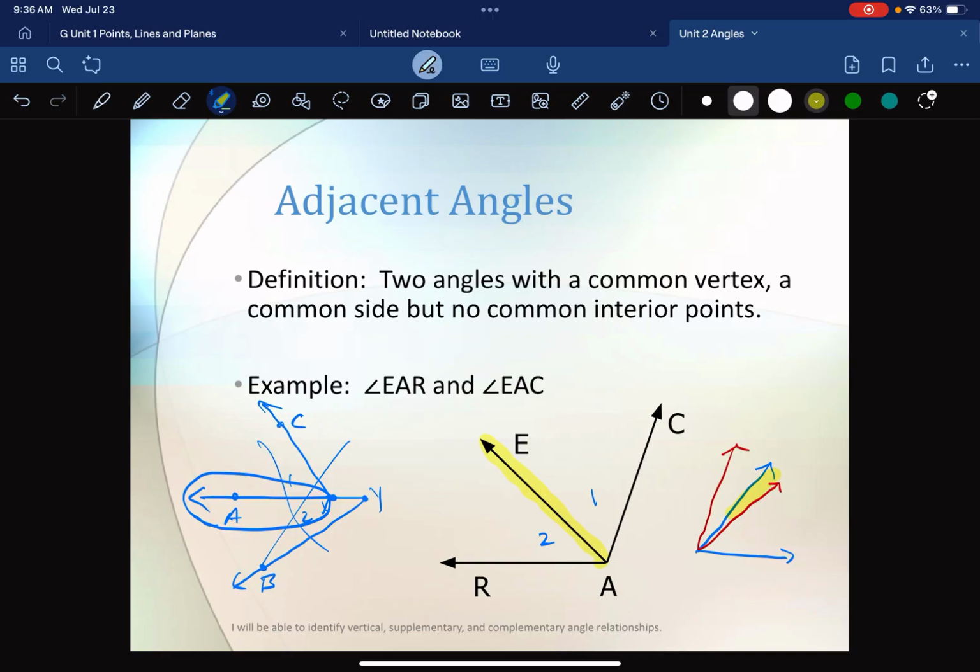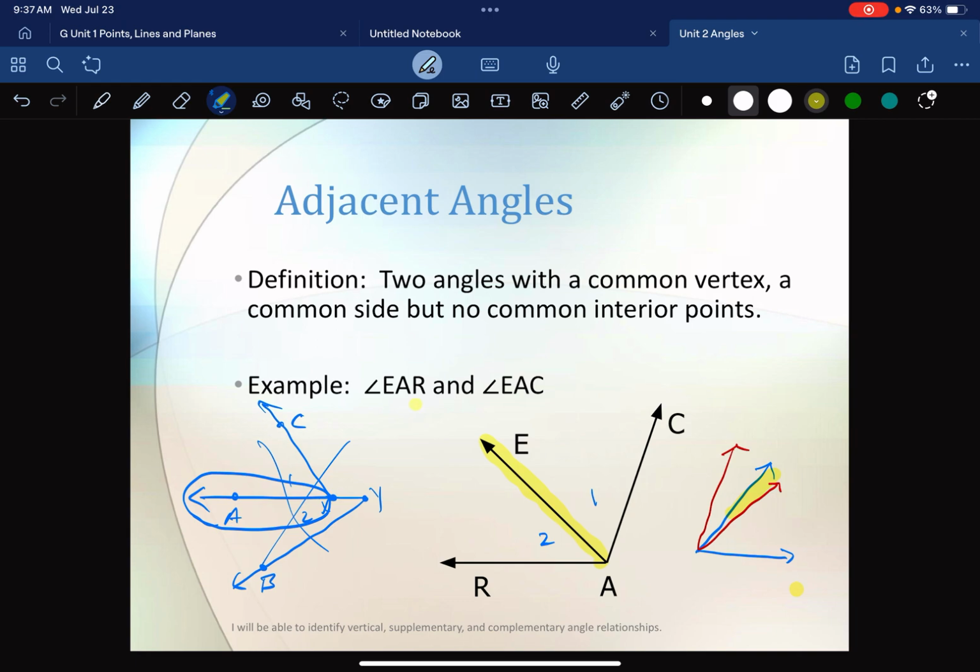So they're overlapping. They're not side by side. So they have to be adjoining without overlapping. And these don't have a common side either. They do have a common vertex, but they don't have a common side. So they break a lot of the rules there. Okay, so that's what adjacent is.